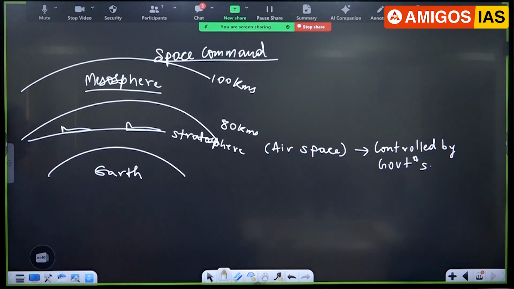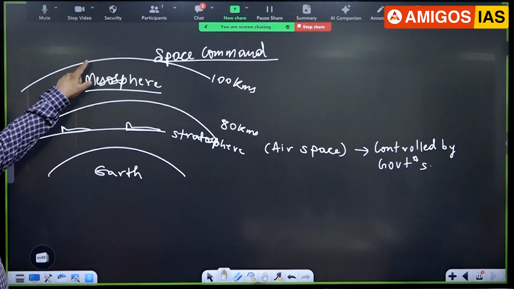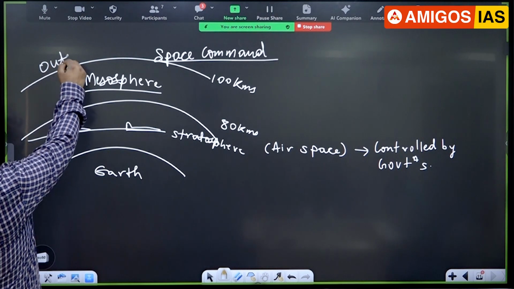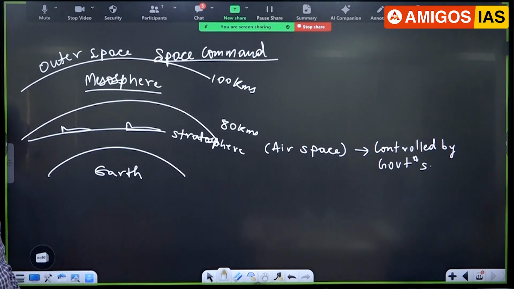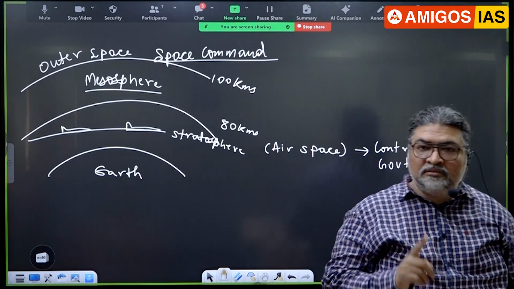But when you talk about 100 kilometers above, right? 100 kilometers above, that is what is called outer space. And you know that outer space has no sovereignty of any country, right?